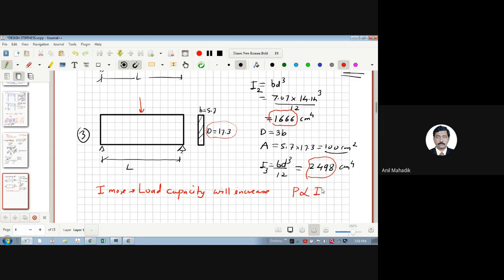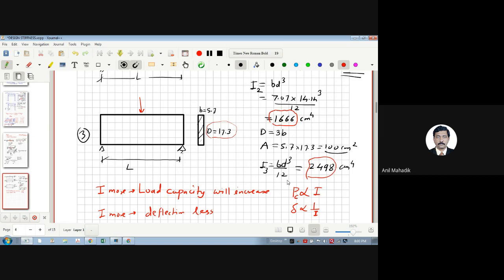As moment of inertia increases, load capacity increases. And second thing, if moment of inertia is more, what will the deflection be? Less. That means delta is inversely proportional to moment of inertia. So if you want to reduce the deflection, increase the moment of inertia.